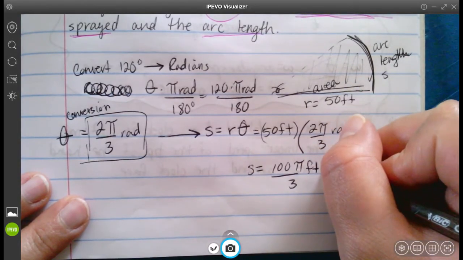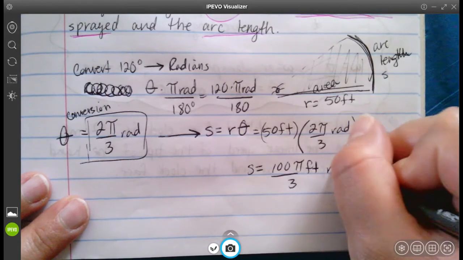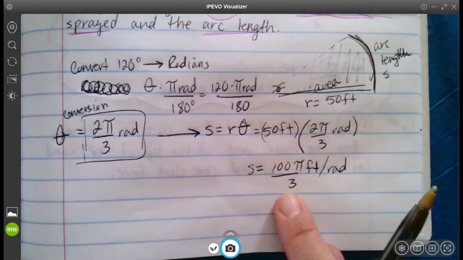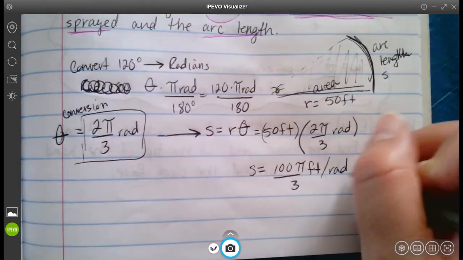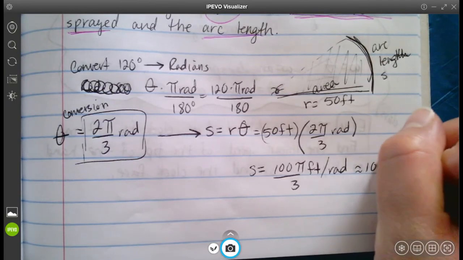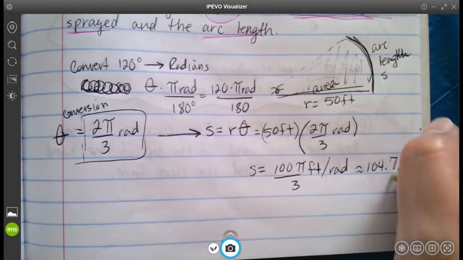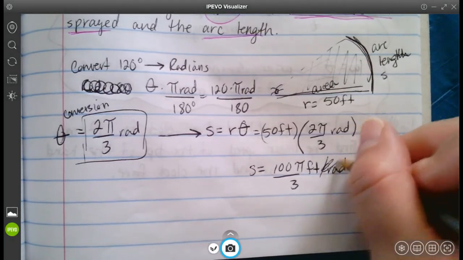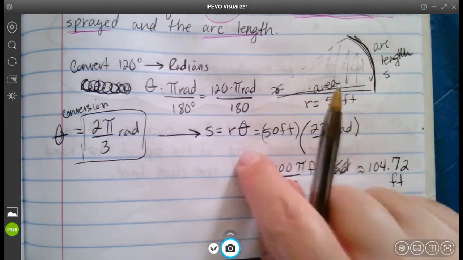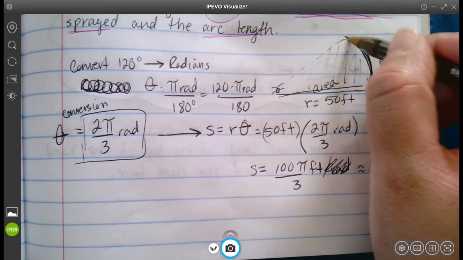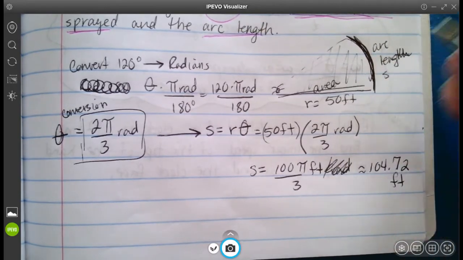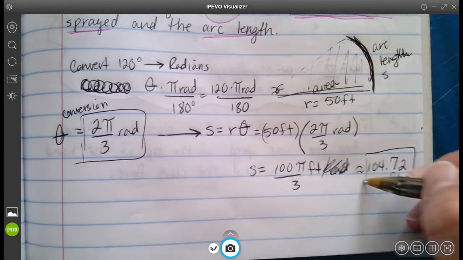Get the decimal equivalent, just about 104.72 feet. Don't worry about the radians for this one, because we're just looking for an arc length, which is a one-dimensional measure.